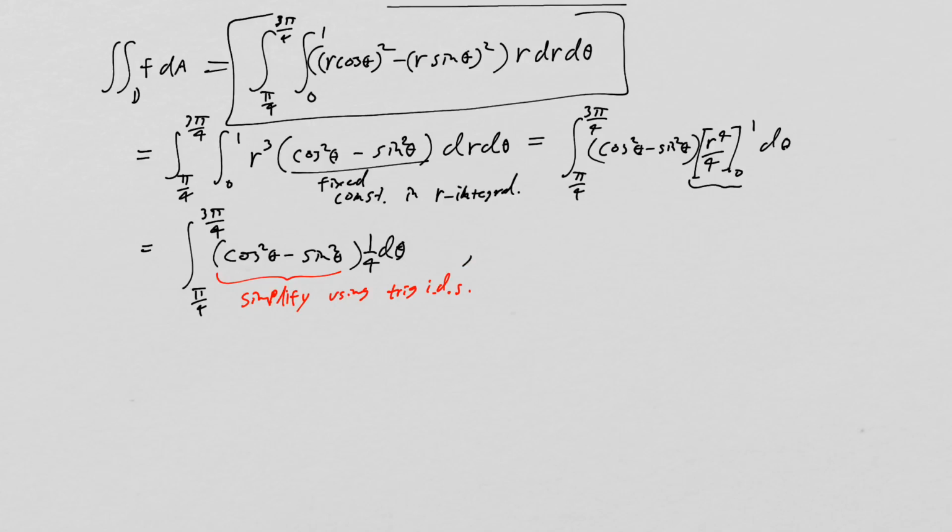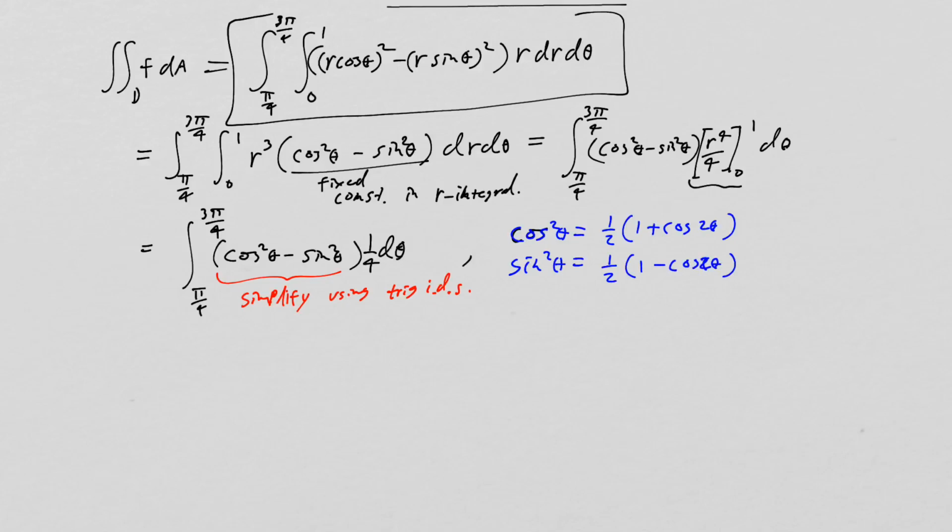But there are a few that are really important to know, and once you know these few, you can always find the other ones, which is when you have a squared sine or cosine. So we know that cosine squared theta is equal to 1/2 times 1 plus cosine 2 theta. We know that sine squared theta is equal to 1/2 times 1 minus cosine 2 theta.